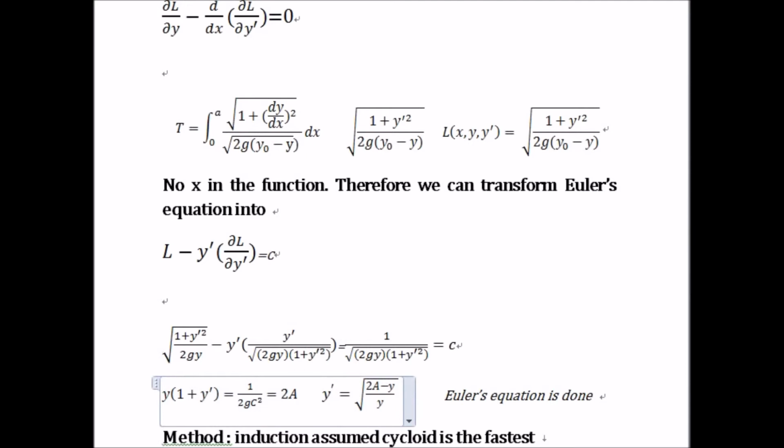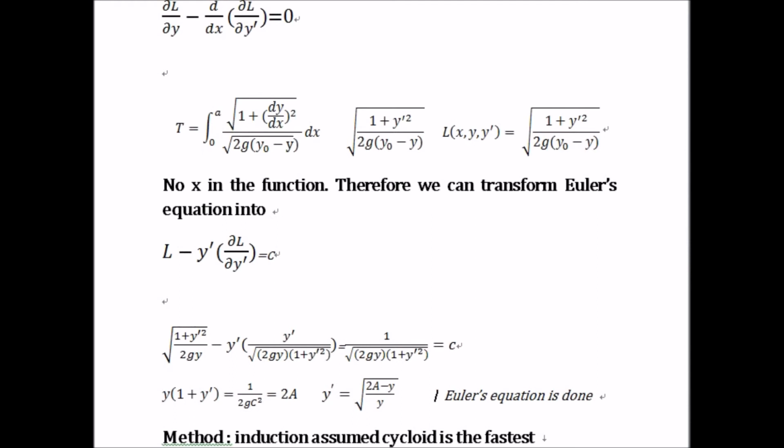If you know Coulomb's constant k, and that k equals 1 over 4 pi epsilon 0, it's the same basic idea: we're just letting a complicated constant equal a simpler constant, just 2a. Then if we isolate y prime, we get the square root of (2a minus y) over y. I hope you remember this equation, because I hope it shows up again.